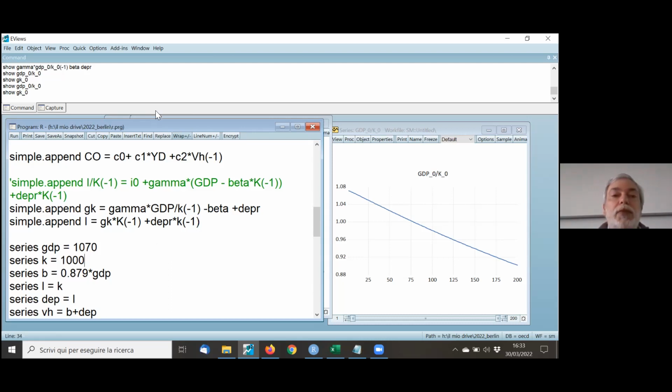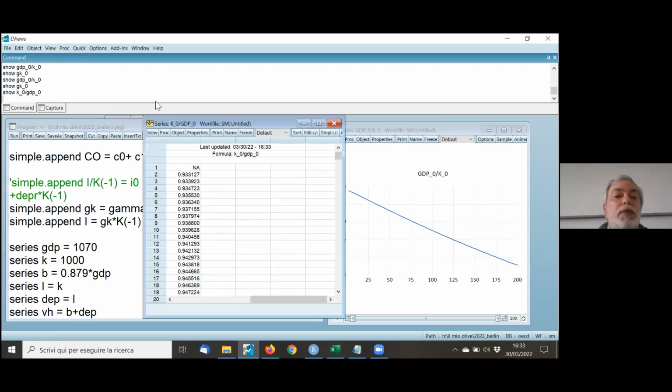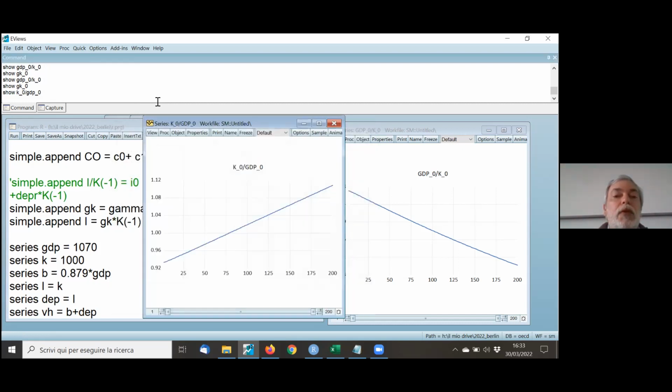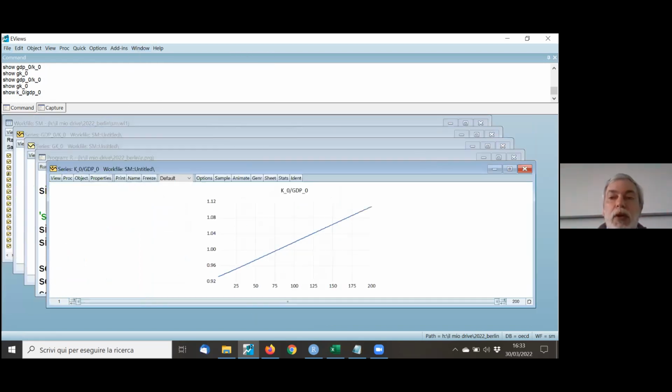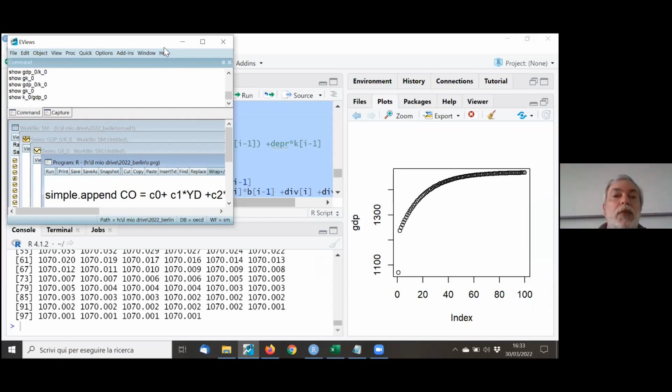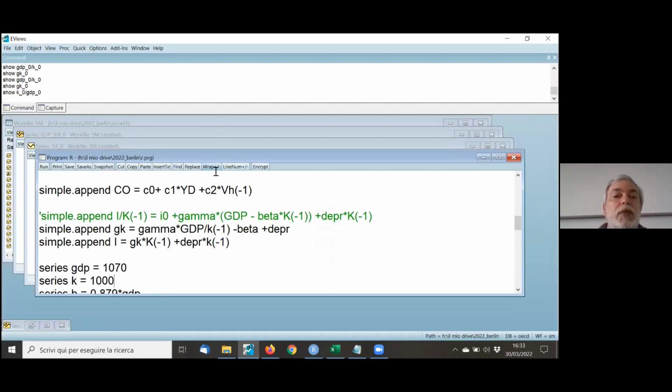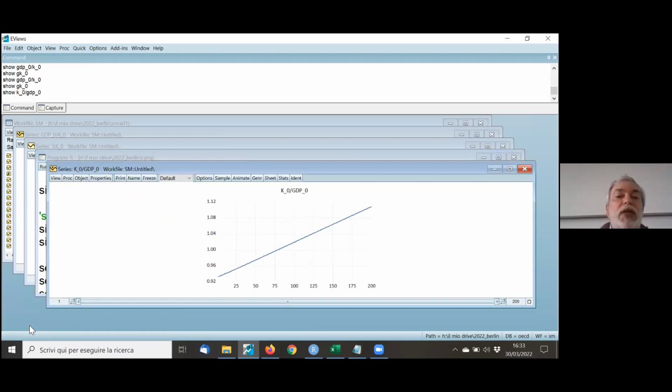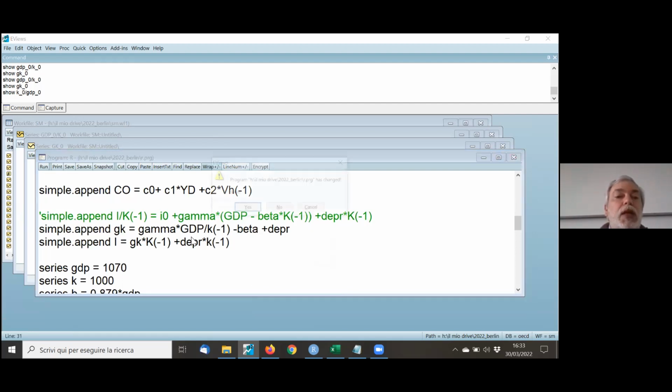So now K. It is not stabilizing. Well, the trouble is we need to find an investment equation which is stable relative to the rest of the model.